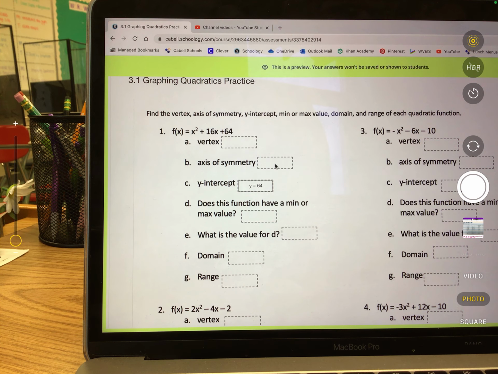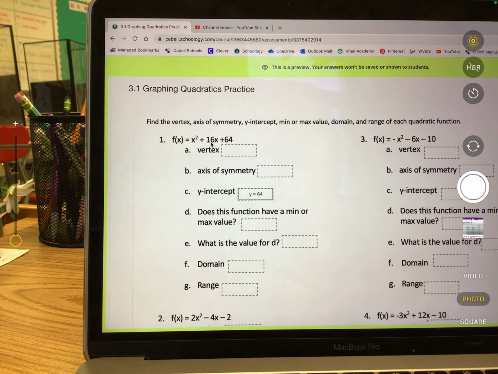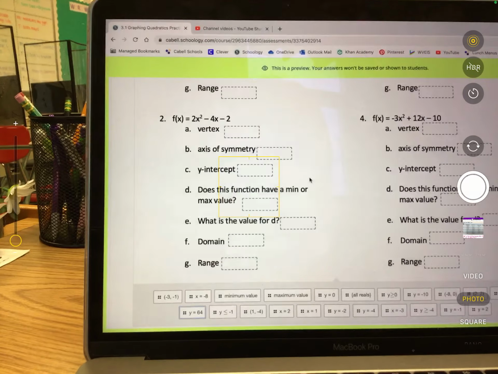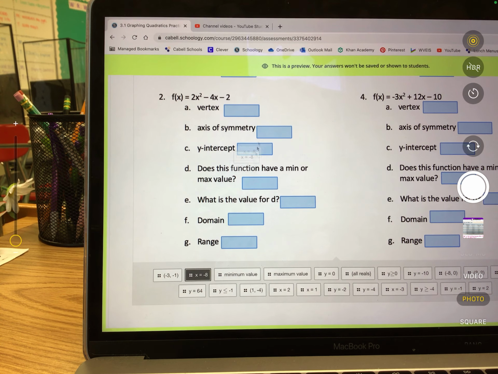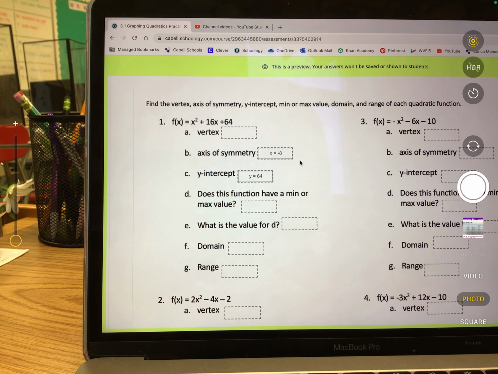Then for the axis of symmetry, it's that equation, x equals negative b over 2 times a. So I'm going to go ahead and tell you negative b, negative 16, over 2 times 1 is negative 8. So let's find x equals negative 8. Here it is. And we drag that up for axis of symmetry. Then what you're going to do is put that number back into this equation.